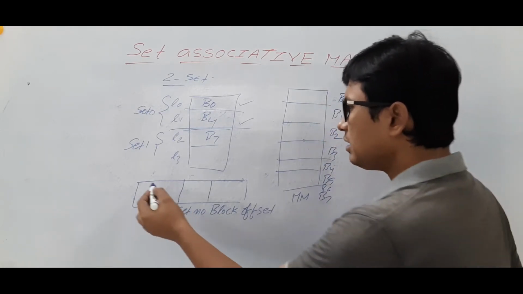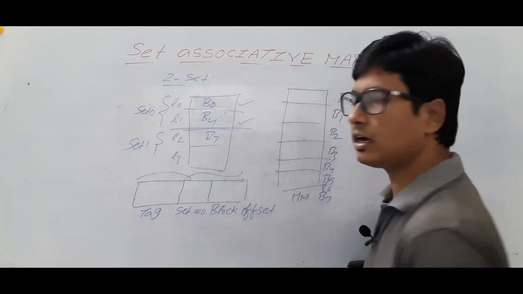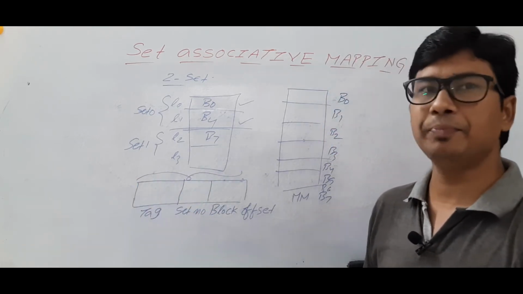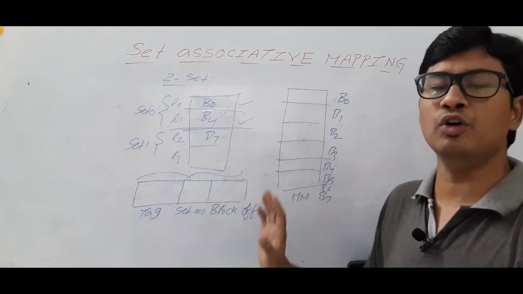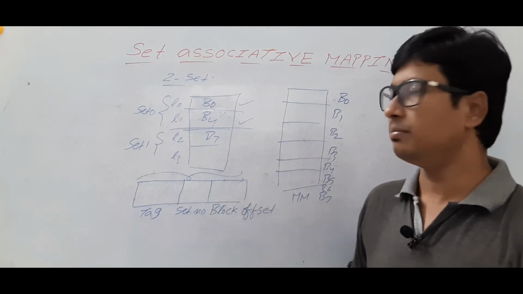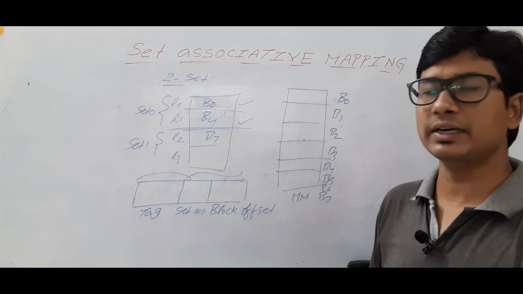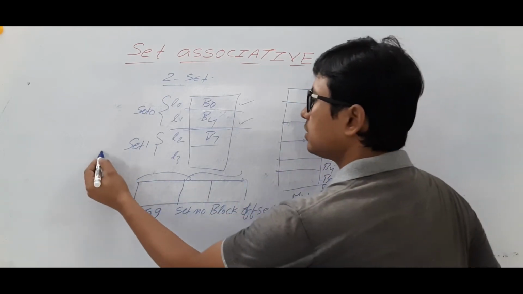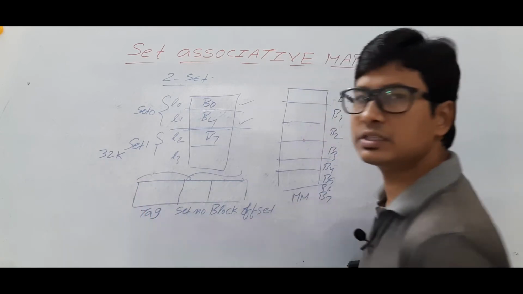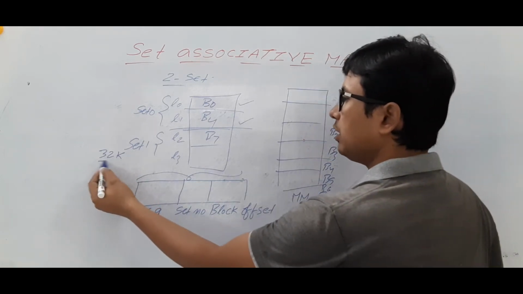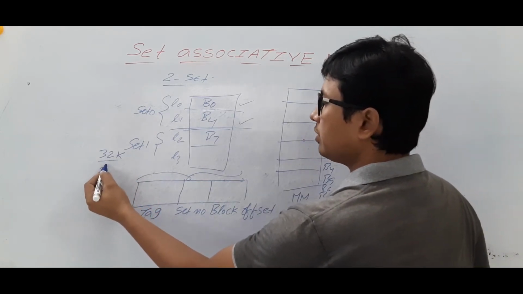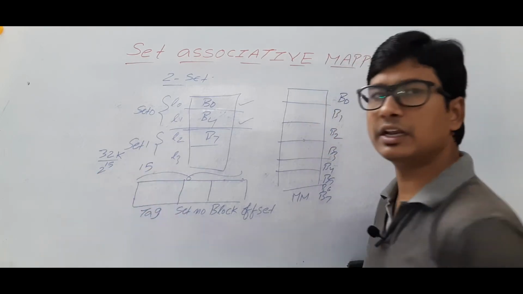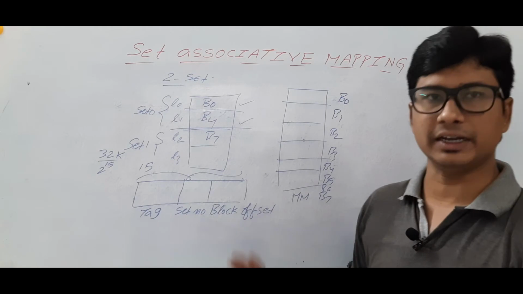Now the total size of the physical address, or the total address space, depends on the number of words available in the main memory. Are you able to understand? If the number of words is 32k words, then it will be 2 power 5 times 2 power 10, that is 2 power 15, so 15 bits are required for representing the physical address.